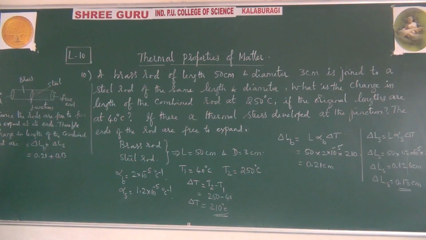So 0.21 plus 0.13, finally you get 3 plus 1 is 4, 2 plus 1 is 3, so 0.34 centimeter. This is 0.34 centimeter, the change in length of the combined rod.